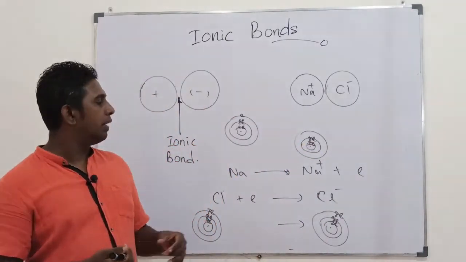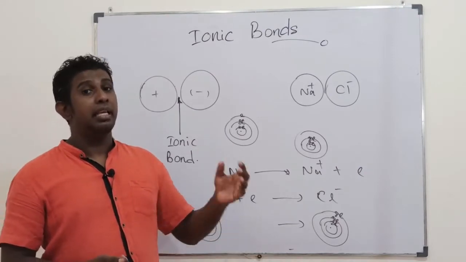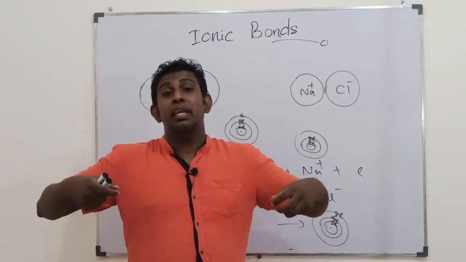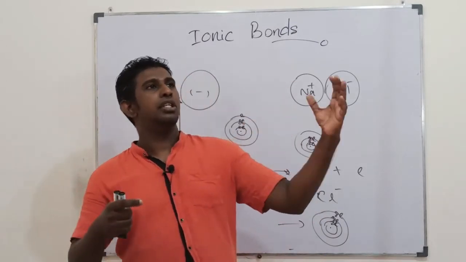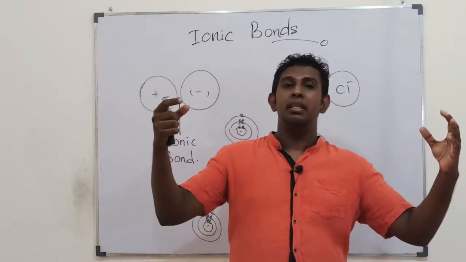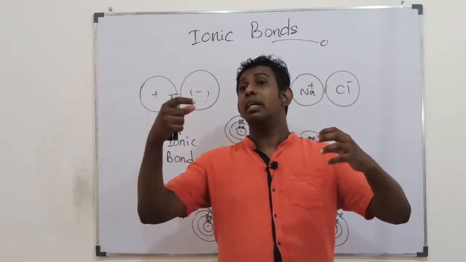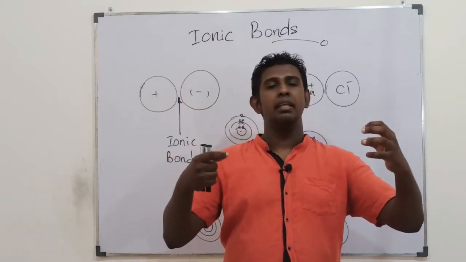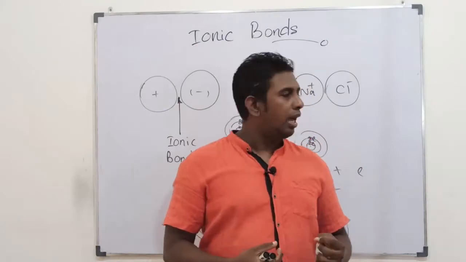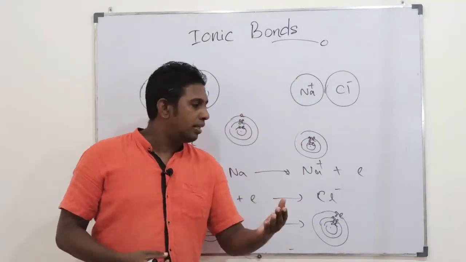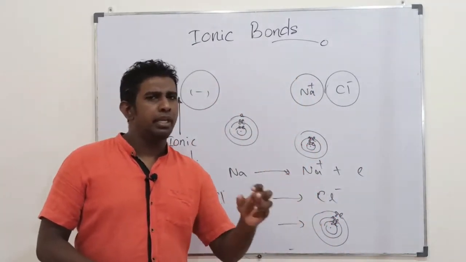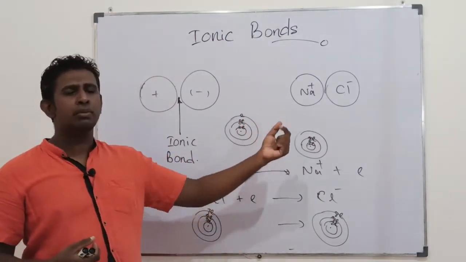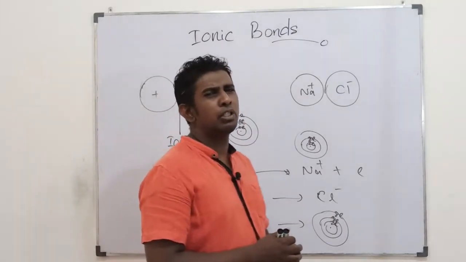My point is, they needn't react at the moment as Cl and Na meeting each other, Na giving one electron to Cl, becoming a cation and making it an anion, and then they attract each other. It's not a must. It's also possible that sodium meets chlorine and they react to form sodium chloride. But students, it's possible in this way as well.